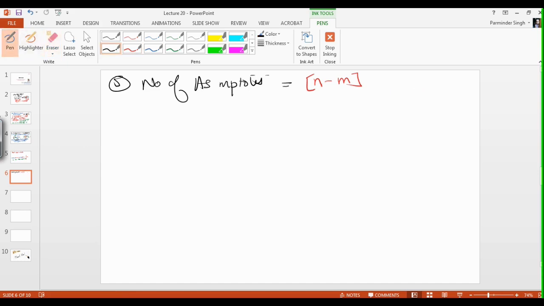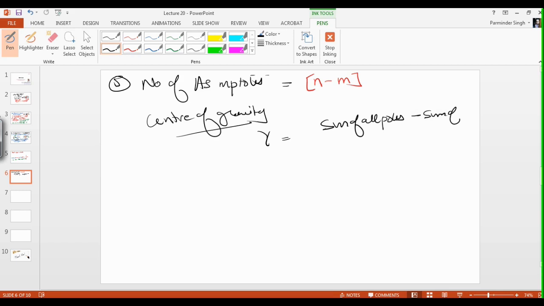Now all these asymptotes meet at a single point, and that single point is known as the center of gravity. Center of gravity, that is gamma, is represented as gamma equal to sum of all the poles, minus sum of zeros, divided by n minus m. If there are 3 poles, let's say one is at -1, the other one is -2, -3. So -1 plus -2 plus -3, that will be the sum of poles.